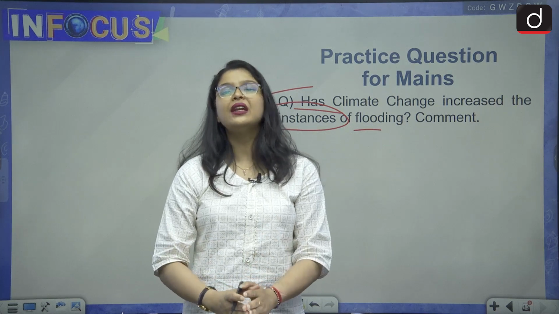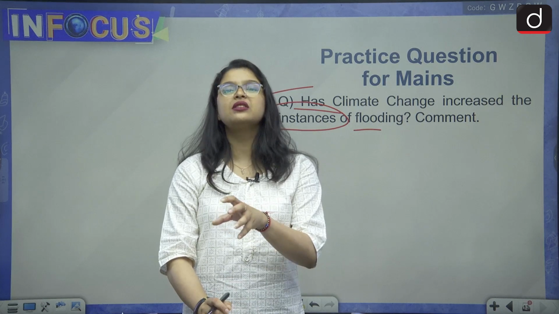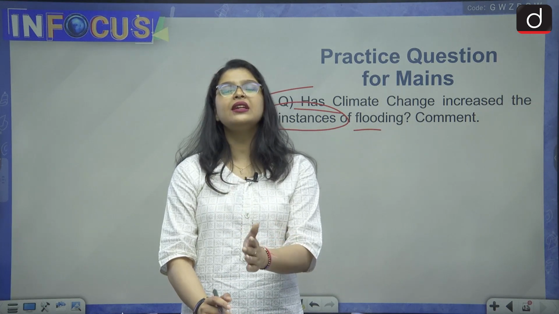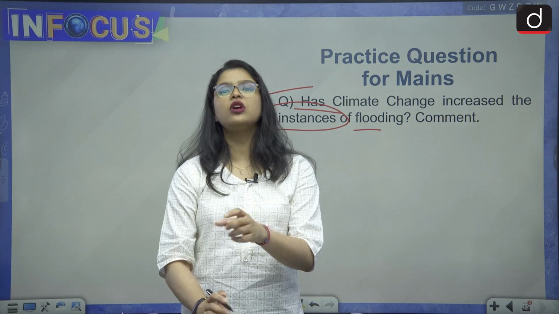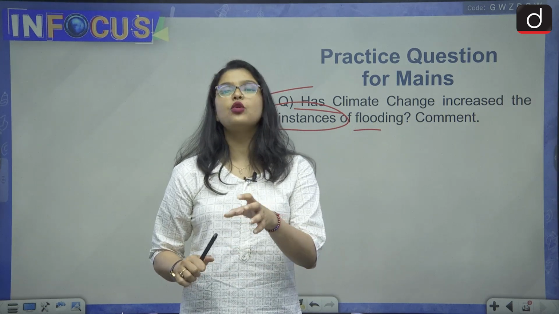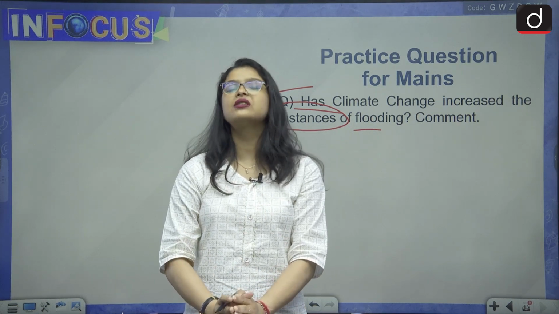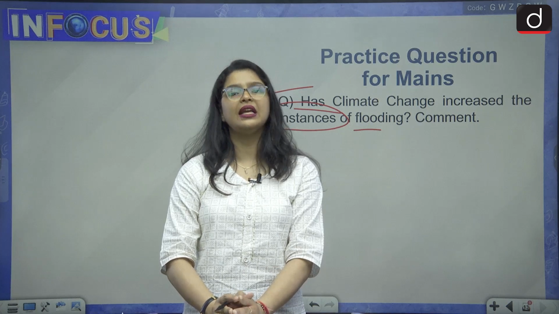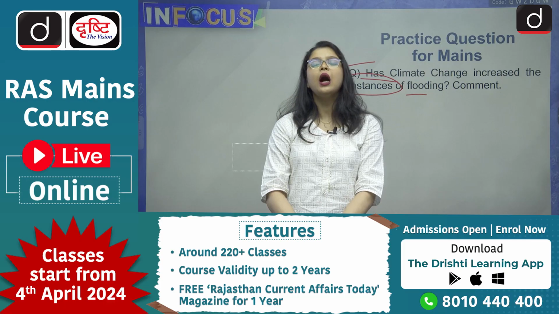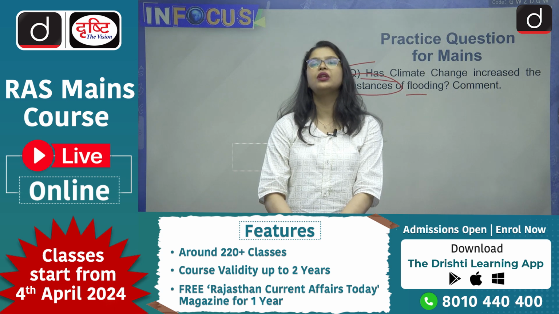So yes, there are proven incidences that climate change is actually increasing the instances of flooding because the glaciers are melting. It is raising the sea and ocean temperatures at a very high rate, and therefore it is definitely increasing the flooding instances, and we need to take appropriate steps to mitigate climate change, and you can conclude very holistically.